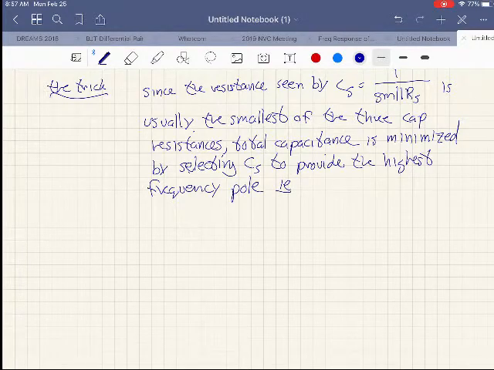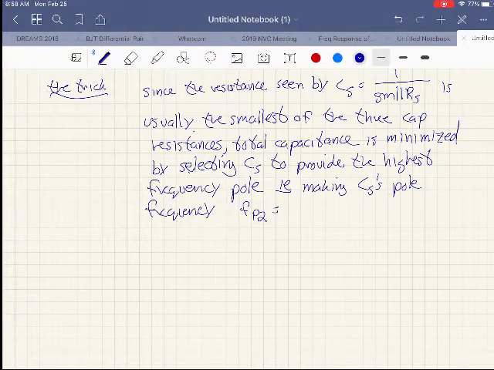That is, make CS's pole frequency FP2 equal to FL. You want to make that your dominant cap, the cap that sets that dominant frequency, the frequency that's closest to the midband or passband frequency.